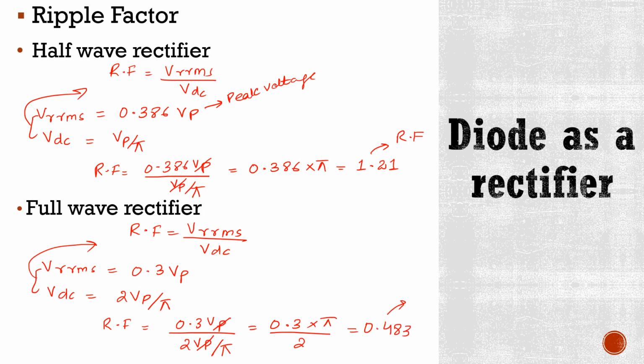So this is the ripple factor for a full wave rectifier. Note that the ripple factor of a half wave rectifier is more, while the ripple factor of a full wave rectifier is less.